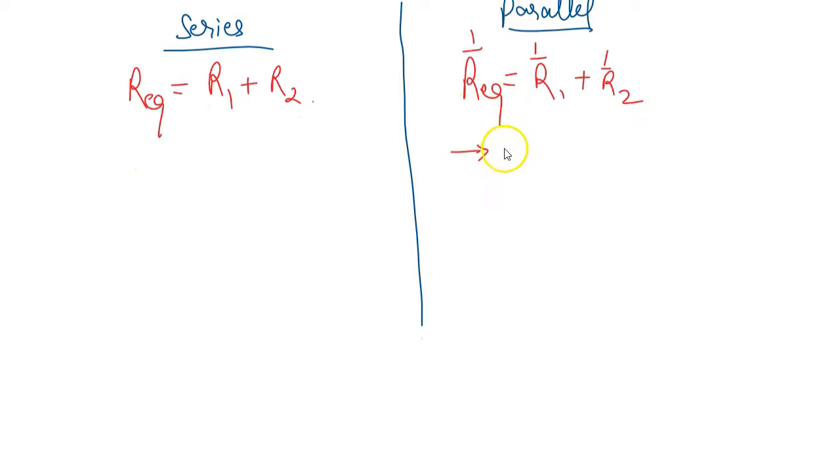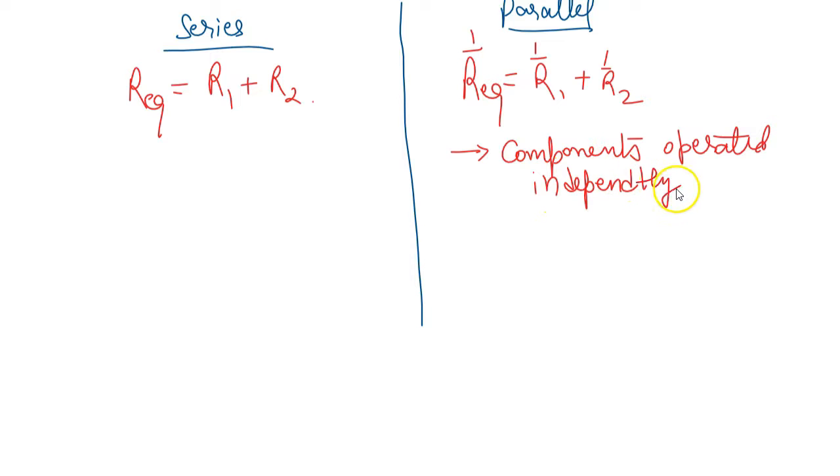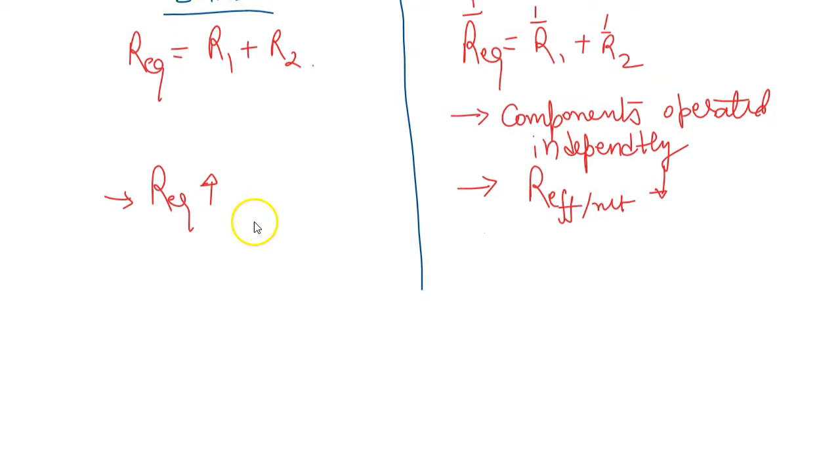In parallel combination, components are operated independently, right? We can operate them independent of each other. In parallel combination, the effective or net resistance decreases, whereas in series combination, the equivalent or net resistance increases.